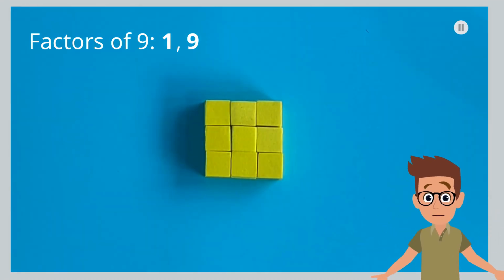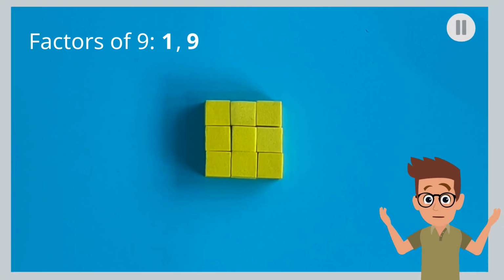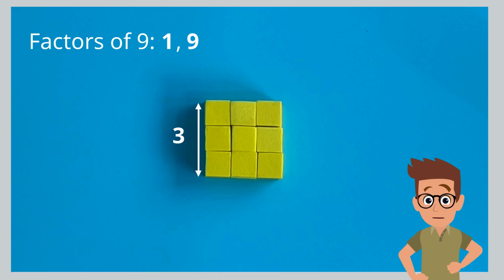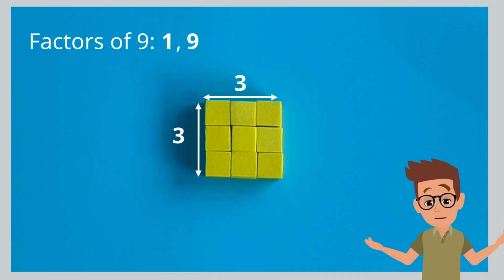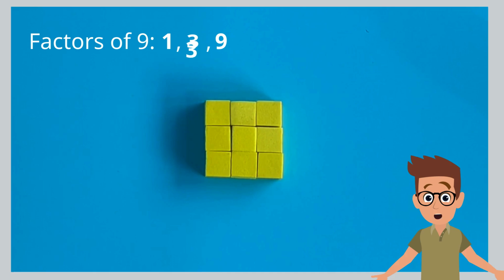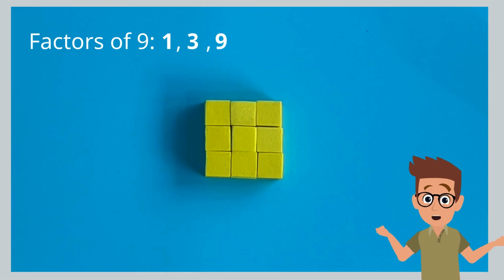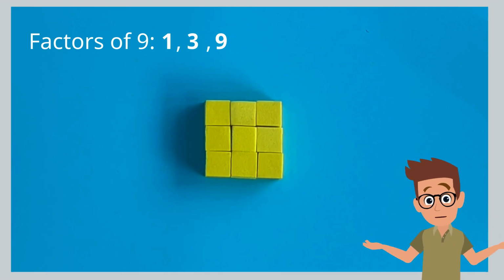Pause and discuss with your friends. In this array, there are 3 rows and 3 columns. So, 3 is also a factor of 9. There is no other array we can form with 9 cubes. This means that the factors of 9 are 1, 3, and 9.